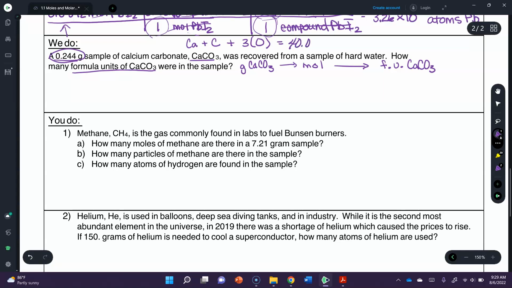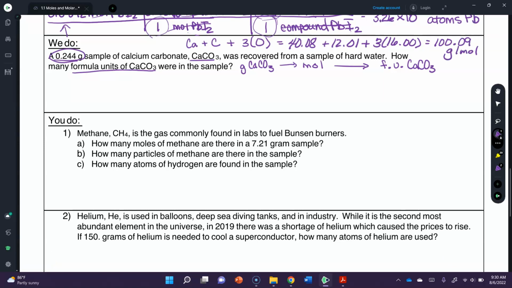So calcium is 40.08, carbon is 12.01, and then we have 3 oxygen at 16.00. When I run this math and add them all together, I end up with 100.09 grams per mole. And so that is my molar mass for calcium carbonate.